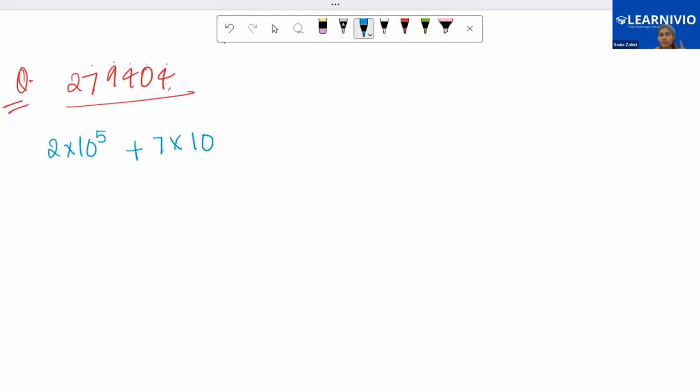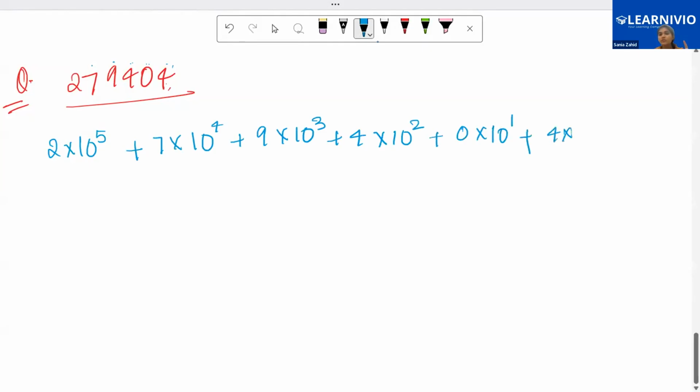How many digits are there after 7? 1, 2, 3, 4, so 10 to the power 4, plus 9 into 10 to the power 3, plus 4 into 10 to the power 2, plus 0 into 10 to the power 1, plus 4 into 10 to the power 0. Very good.